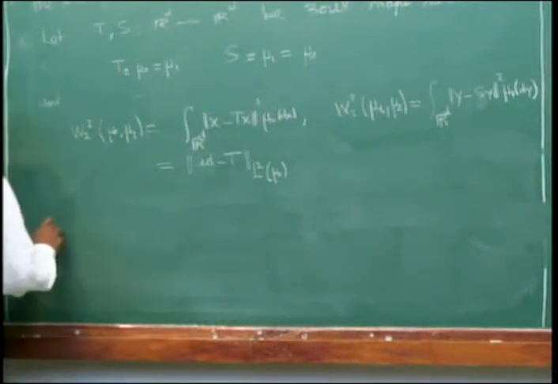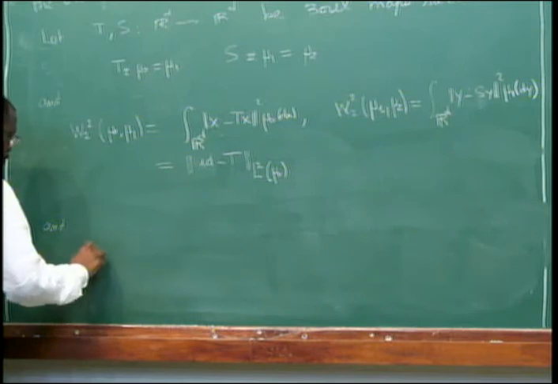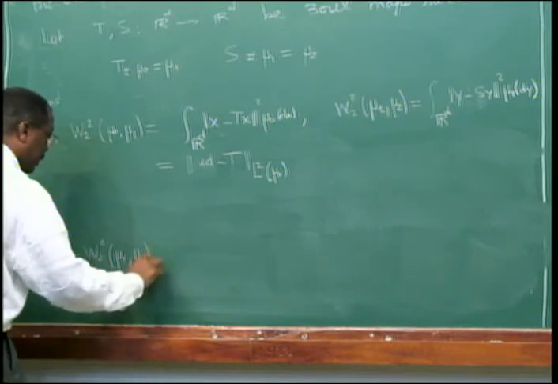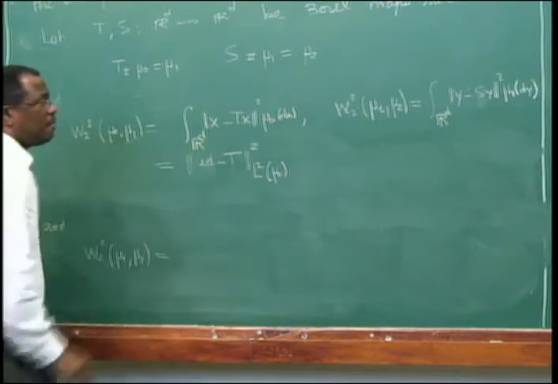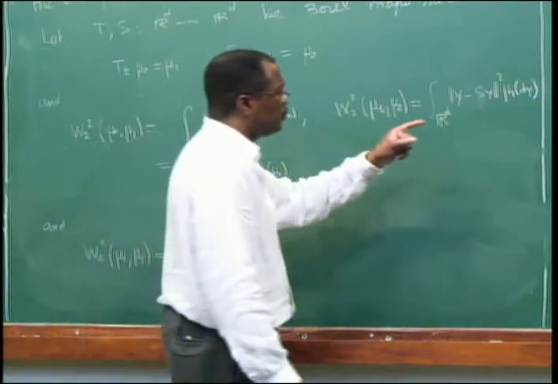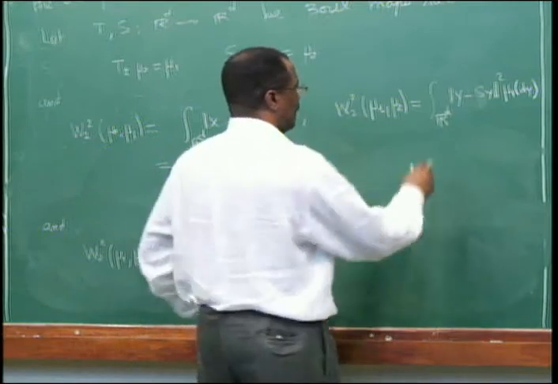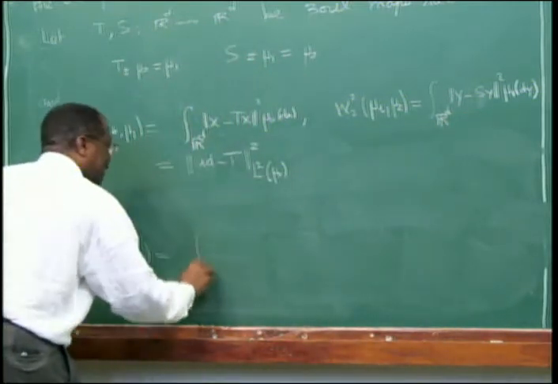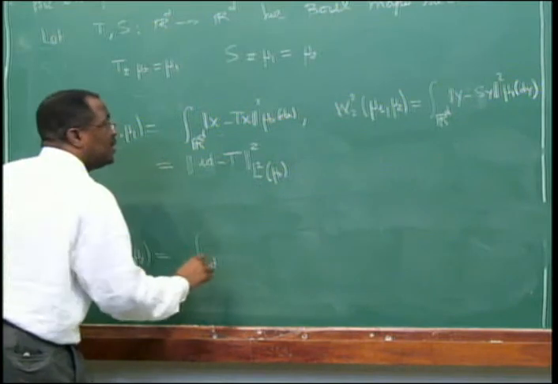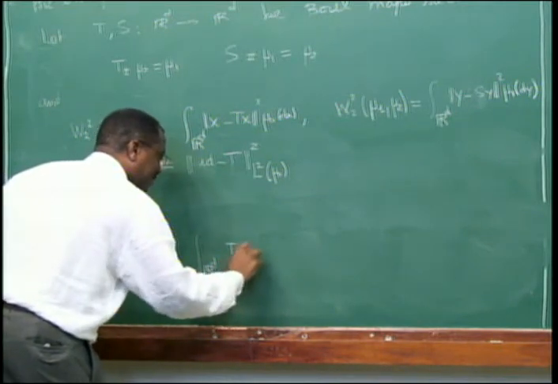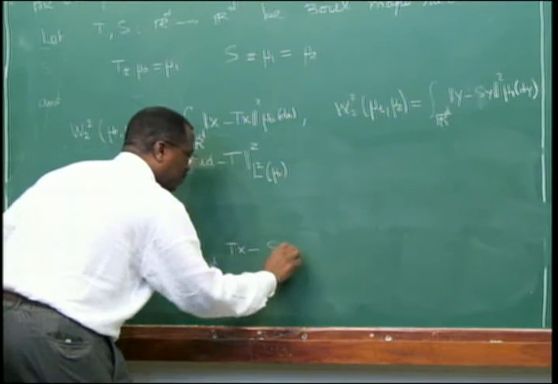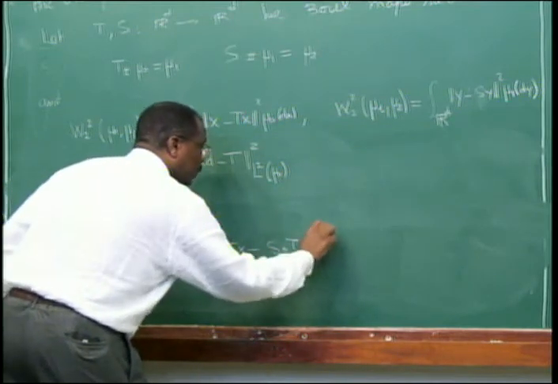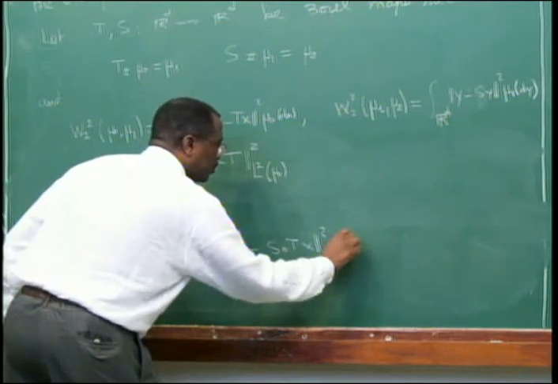And W2 squared of mu1, mu2, I am going to use the fact that T pushes mu naught forward to mu1 to say that this is the integral over Rd of |T of x minus S composition T of x| squared mu naught dx.